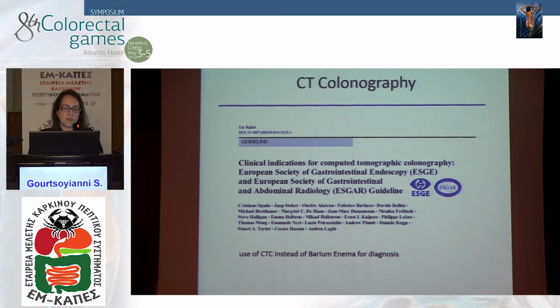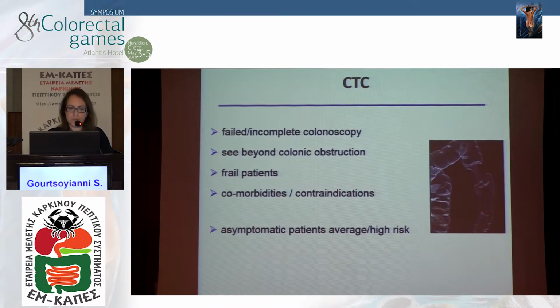According to the ESGE, the European Society of Gastrointestinal Endoscopy, and ESGAR, the European Society of Gastrointestinal and Abdominal Radiology guidelines, there are clinical indications for doing so that have been published, and it is widely accepted nowadays that CT colonography is performed instead of barium enema for the diagnosis of colonic polyps and cancer.